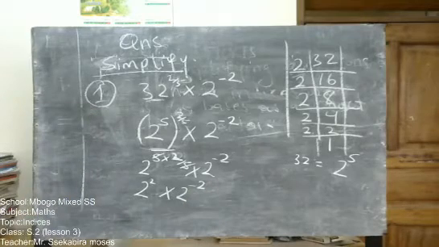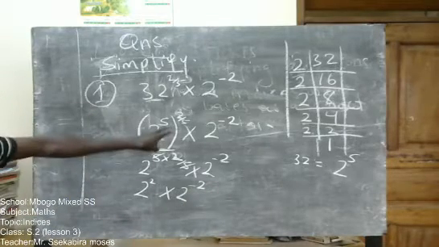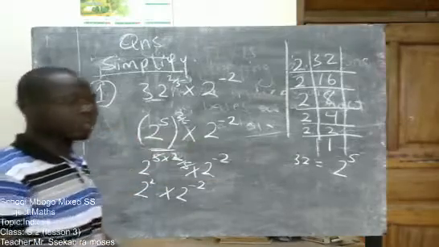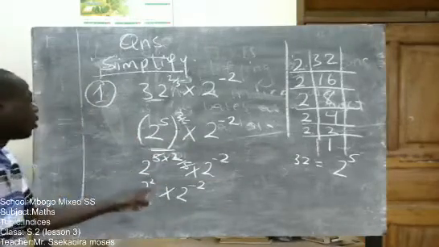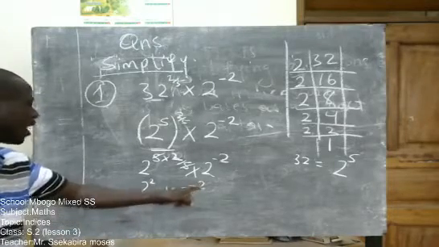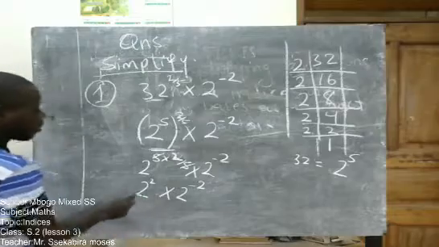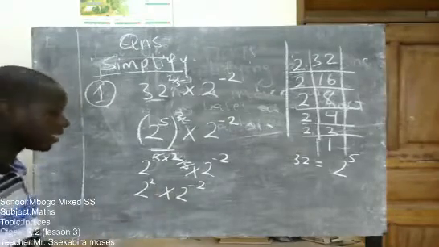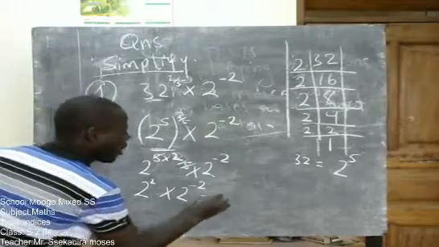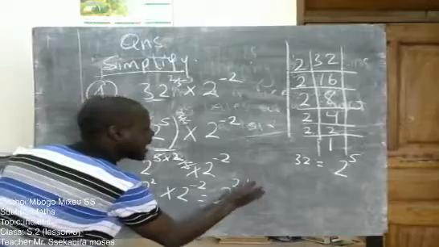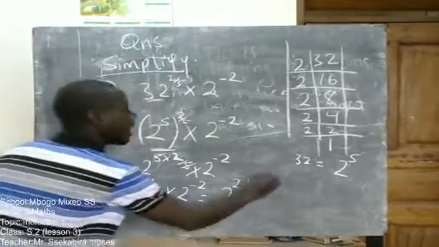But remember one of the rules. You check in the rules governing indices, which we listed down last time. Here we have 2 to power 2 times 2 to power -2. When multiplying numbers of the same bases, you add the powers. So this gives us 2 to power 2 plus -2.